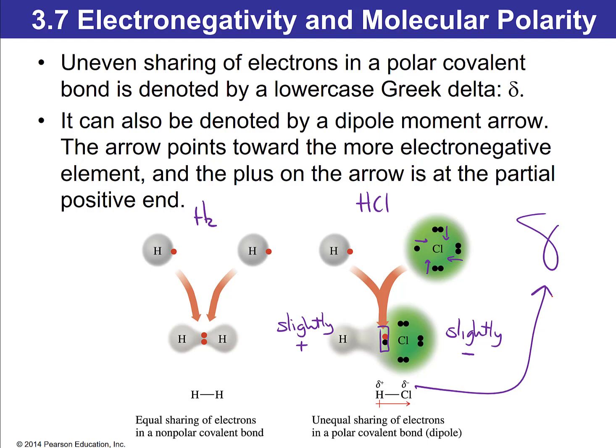So if you have an even sharing of covalent molecules, that makes a really uniform looking molecule. No charge difference between the atoms. They're basically all the same. So I think of it as being very neutral. This is a nonpolar molecule.